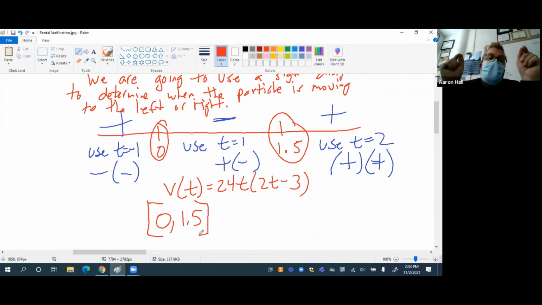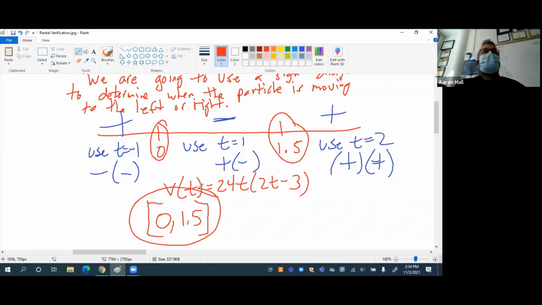When we talk about moving left, don't you just say we move left from 0 to 1.5? Isn't that how we just talk? We don't say we're infinitely close. We just say we're traveling from 0, we're going left from 0 to 1.5. And because of the way we talk, we're going to use brackets saying it's included.